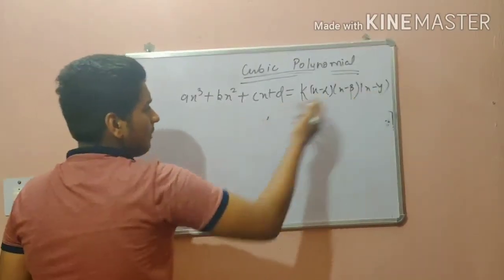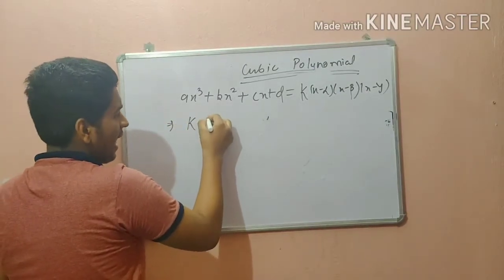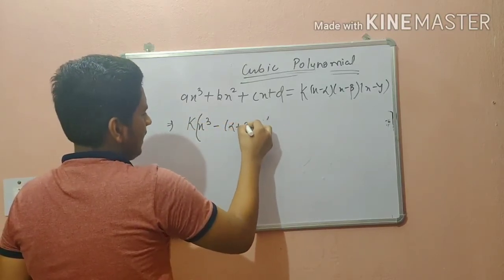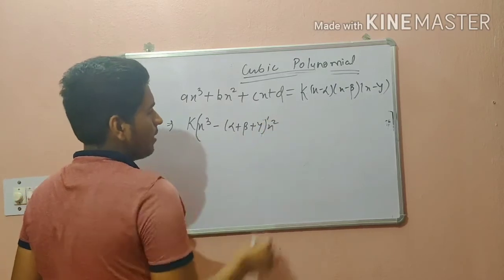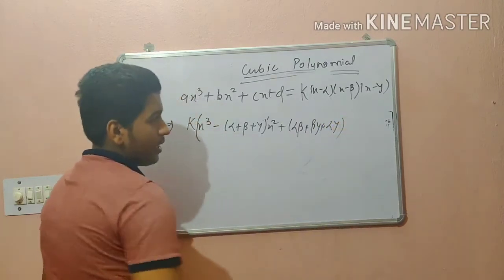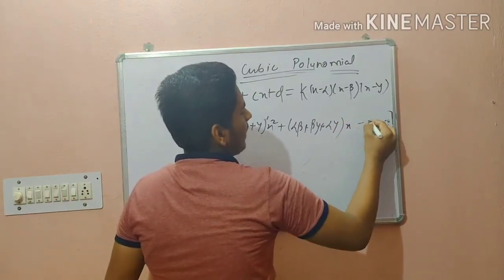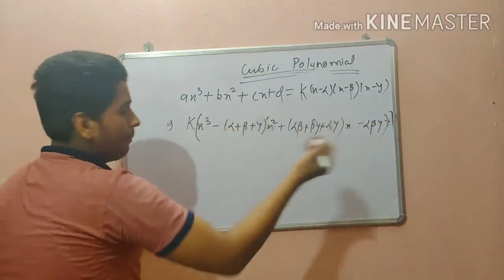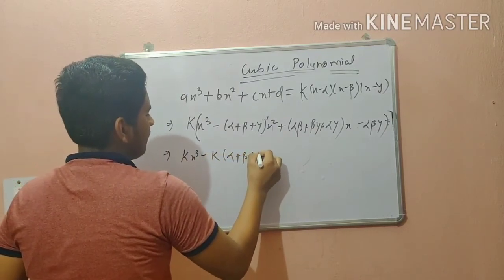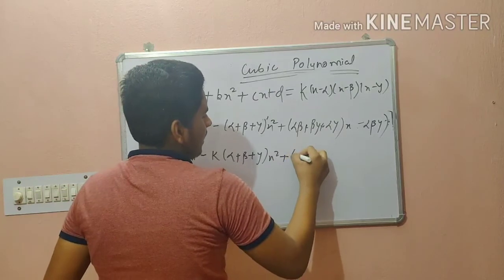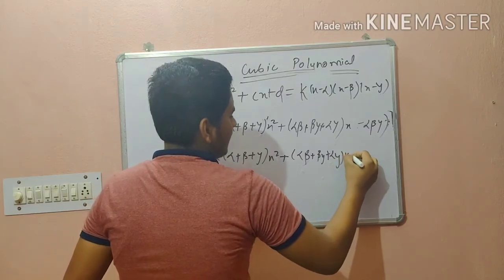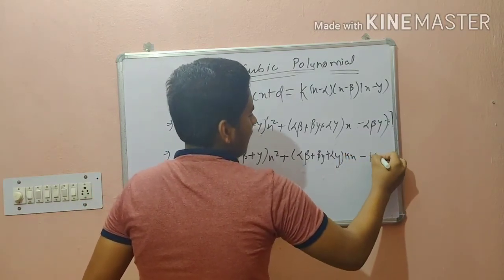When we multiply, we get kx cube minus k (alpha plus beta plus gamma) x square plus k (alpha beta plus beta gamma plus gamma alpha) x minus k alpha beta gamma.